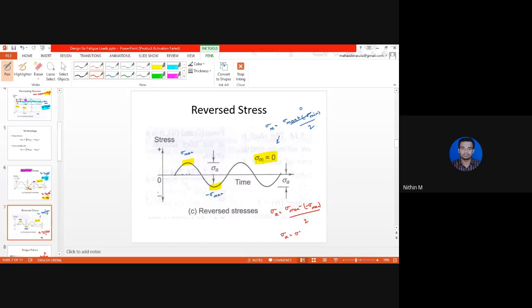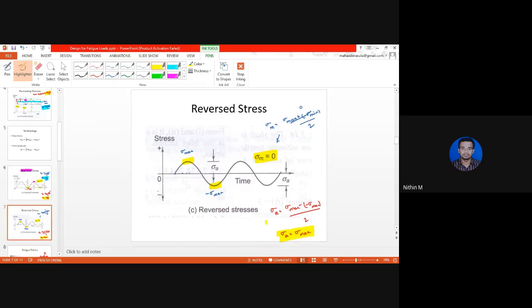So the stress amplitude here will be equal to sigma max. Correct? So here sigma m is equal to 0 and sigma a is equal to sigma max. Is the concept clear?